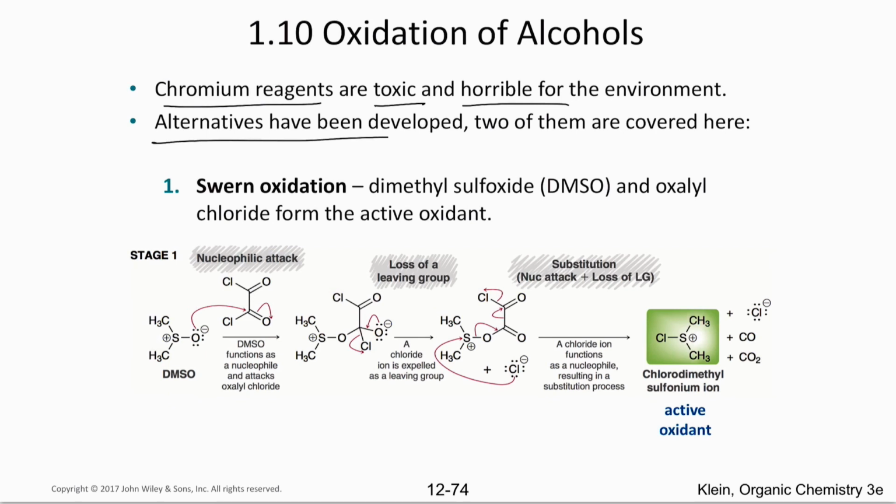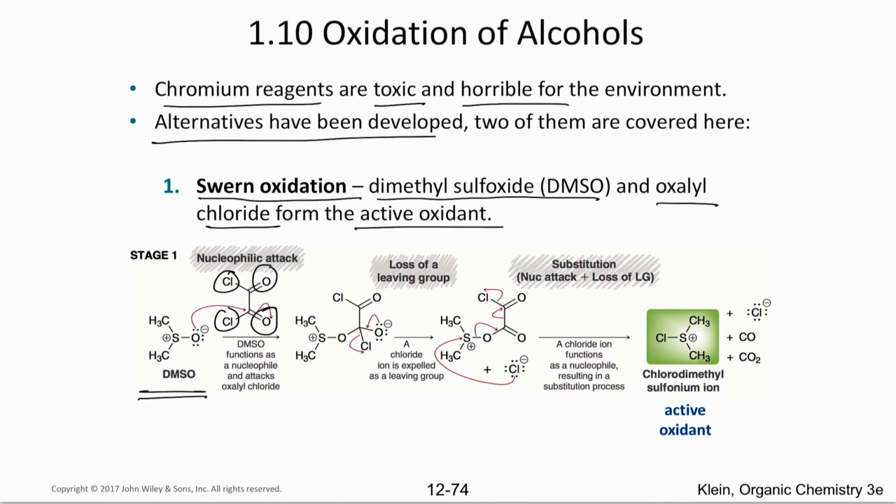So alternatives that have been developed, the first one is called Swern oxidation. Swern oxidation uses a reagent called dimethyl sulfoxide, DMSO, and oxalyl chloride to form an active oxidant. Oxalyl chloride is basically two carbons with a chlorine on each side and an oxygen on each side.